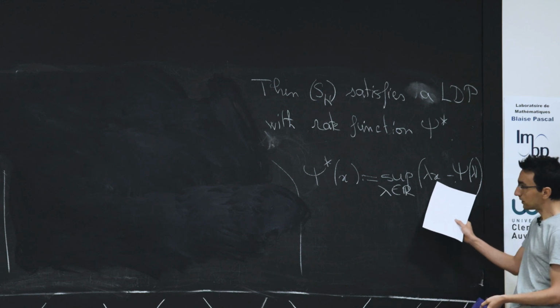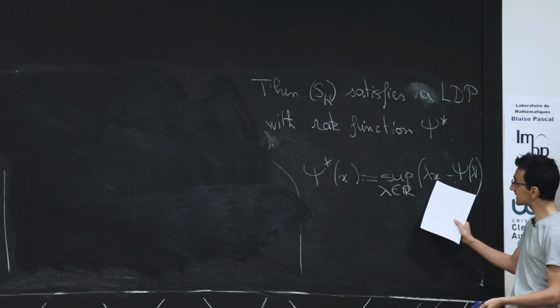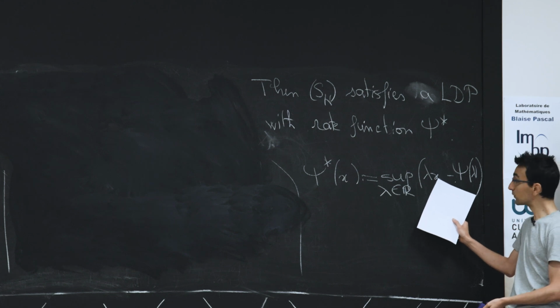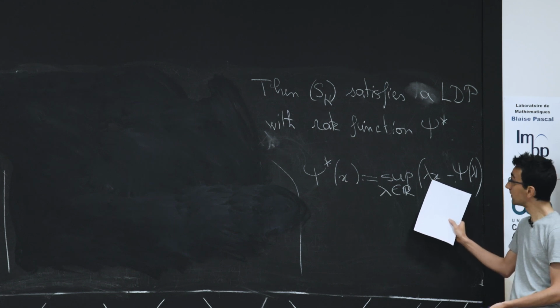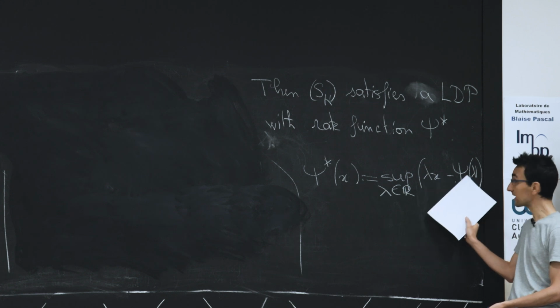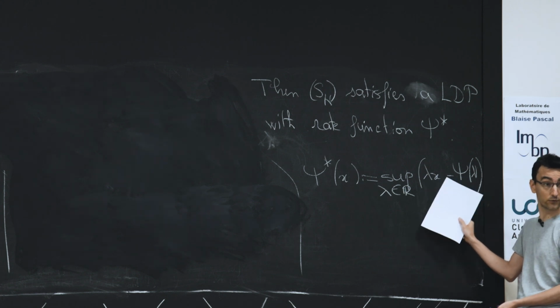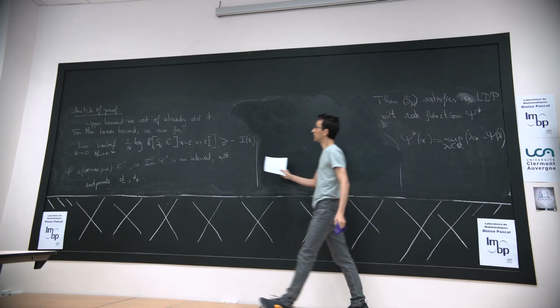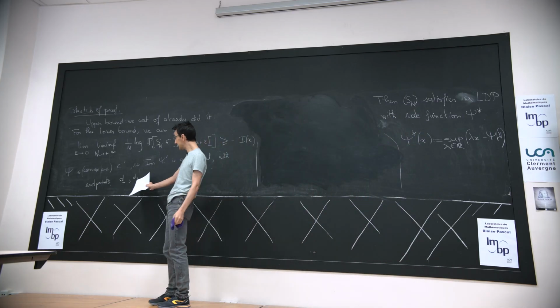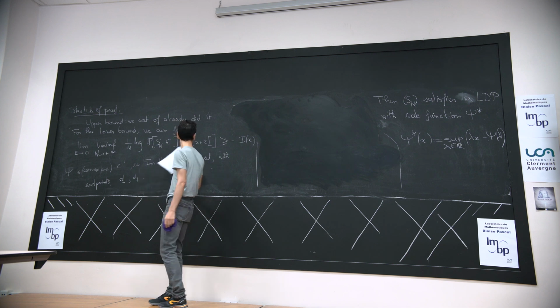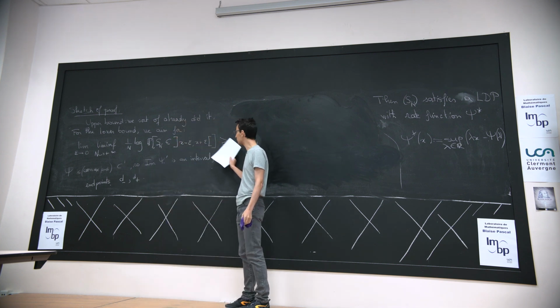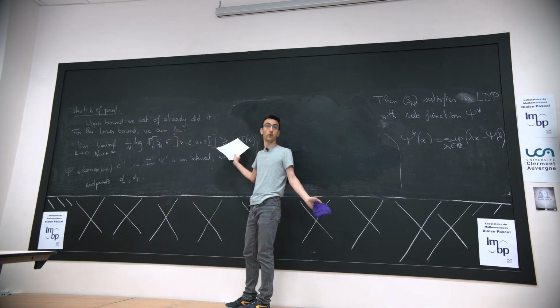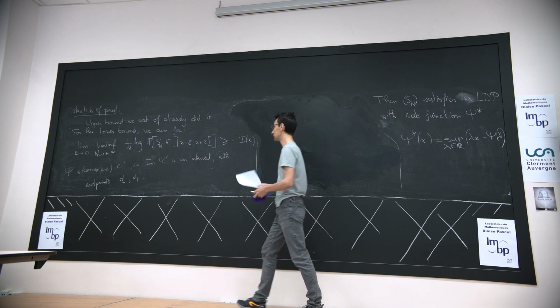And so if you try to compute this function for x greater than 1, you're going to get plus infinity as a result. Let's say x is 2. You get 2 lambda minus something that cannot go faster than lambda. So this is going to be plus infinity. So whenever the x we are shooting for exceeds d plus, this is plus infinity, and what we're trying to show is obvious.